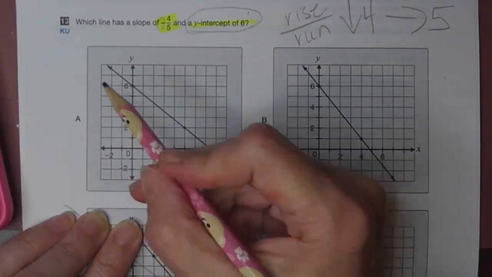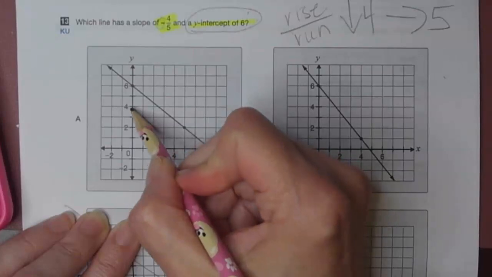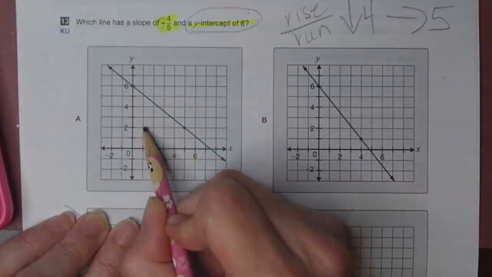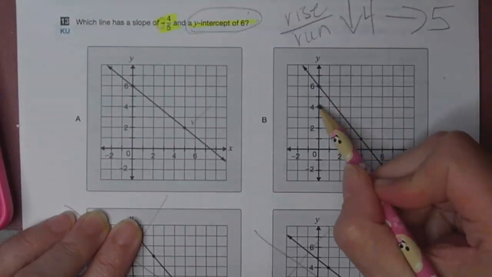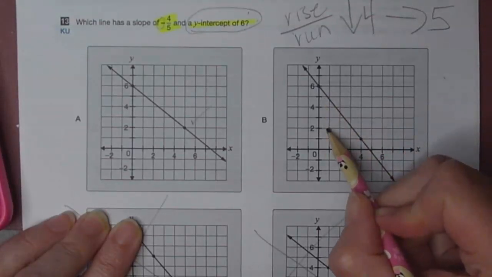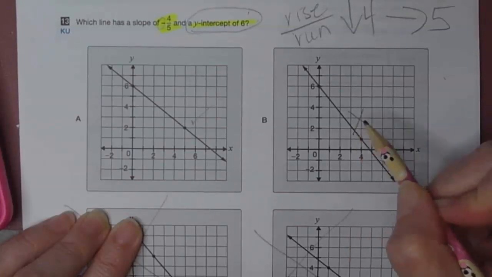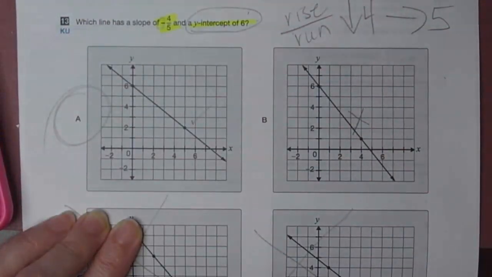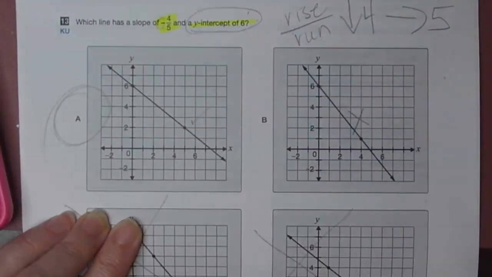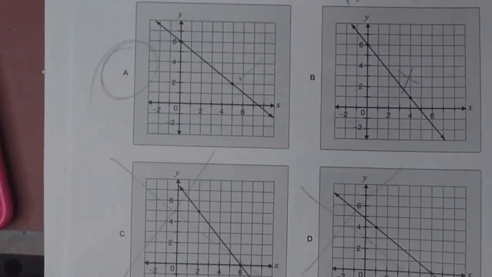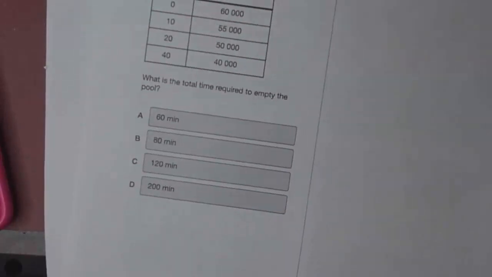Let's find which one it does. 1, 2, 3, 4. 1, 2, 3, 4, 5. 1, 2, 3, 4. 1, 2, 3. Clearly, okay, that one was not right. This was the one with the slope. And you should know that. That question should not freak you out.